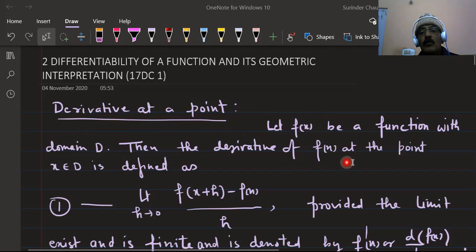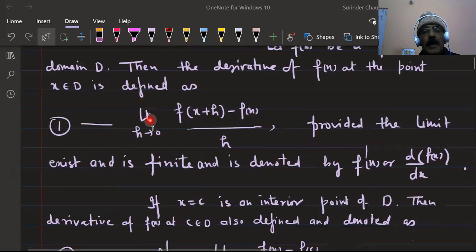Then the derivative of f(x) at a point x belonging to D is defined as limit h approaches 0 of [f(x+h) - f(x)]/h. This is the limit of this quotient function of h, and we are finding the derivative at x, any arbitrary point of the domain. This is the general definition.